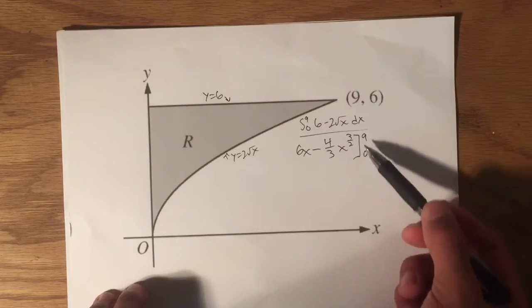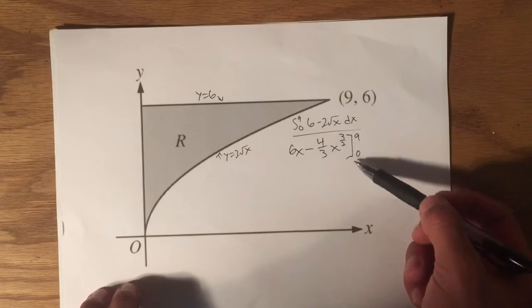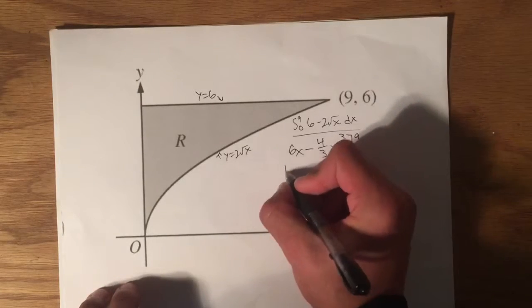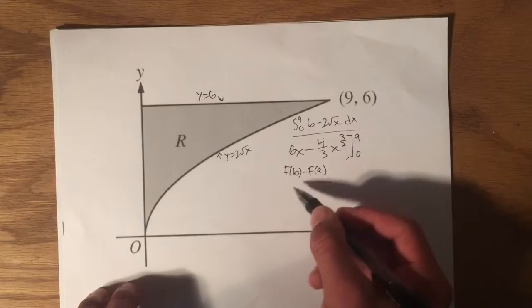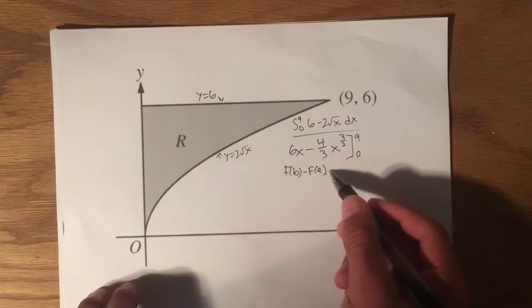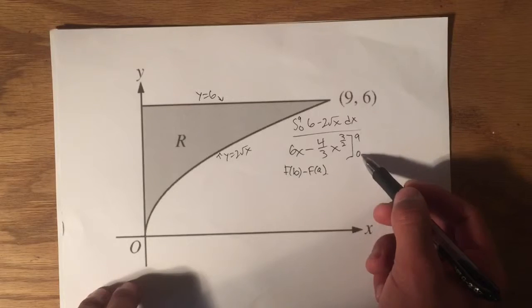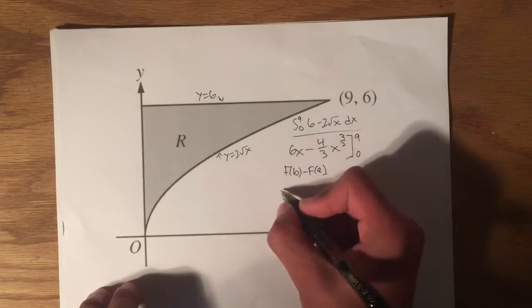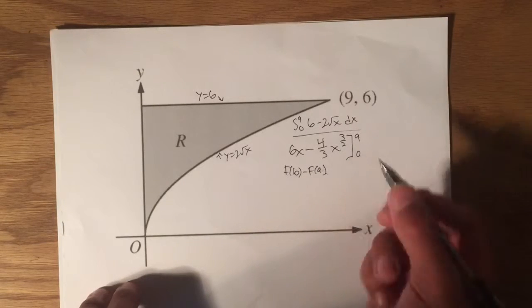Once we get this, to find our area, we plug these two values into the equation. We take our f of b minus f of a formula. We plug 9 into x, which is our b, and we also plug in 0, which is a.